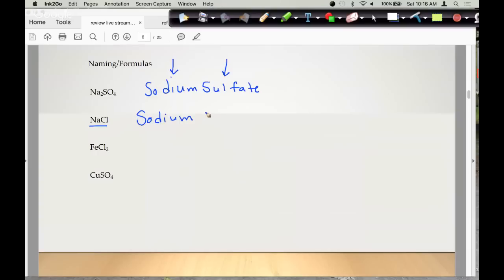And you're going to say the name of the nonmetal, but because this is ionic, the nonmetal is the negative ion, and so we change the ending to IDE. This IDE ending means negative ion. And anytime we have an ionic compound, the metal is always the positive ion, and the nonmetal is the negative ion.